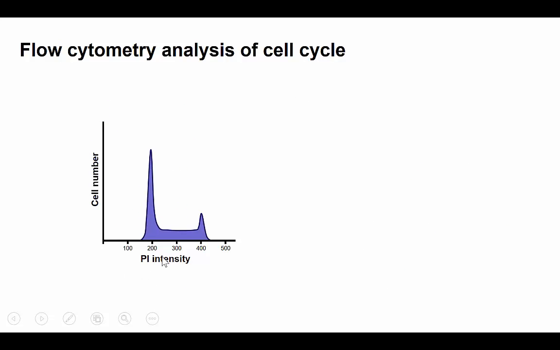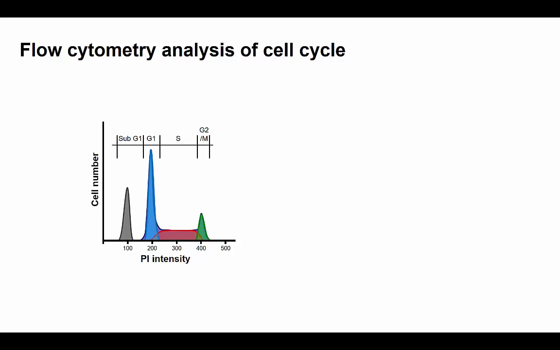If you plot the cells along this propidium iodide intensity, we can tell this one is around the 2N stage, this is the 4N stage. Then this population should be G1, this is G2, and this should be S phase. Some cells may have smaller DNA content than 2N. Maybe these are dying cells or apoptotic cells.